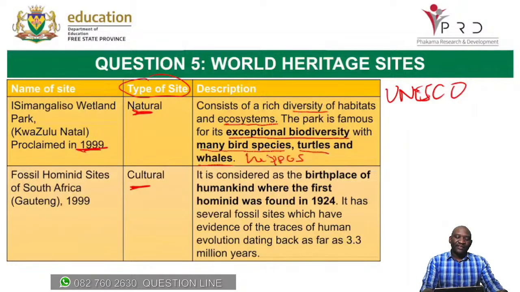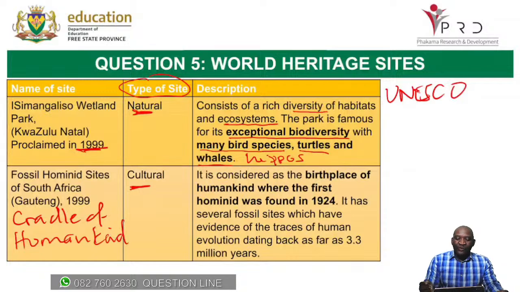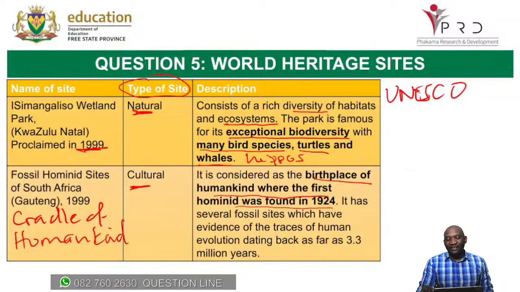And then if we look at the fossil hominid sites, which is also known as the cradle of humankind, why is it so important? We can see that this one is considered the place of humankind where the first hominid was found in 1924. So in this place, there are several fossil sites which were found by the Italians when they were looking for gold.